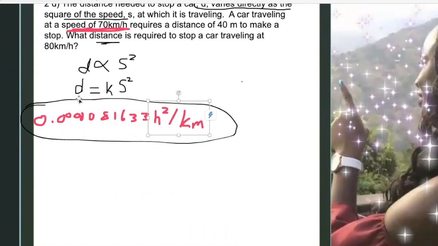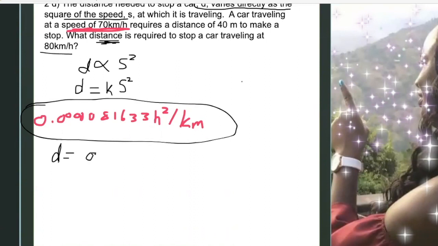So now we're going to calculate the distance. Remember, this represents our constant k. So substituting this information, the distance is equal to, remember, we want the distance required to stop a car traveling at 80 kilometers per hour.